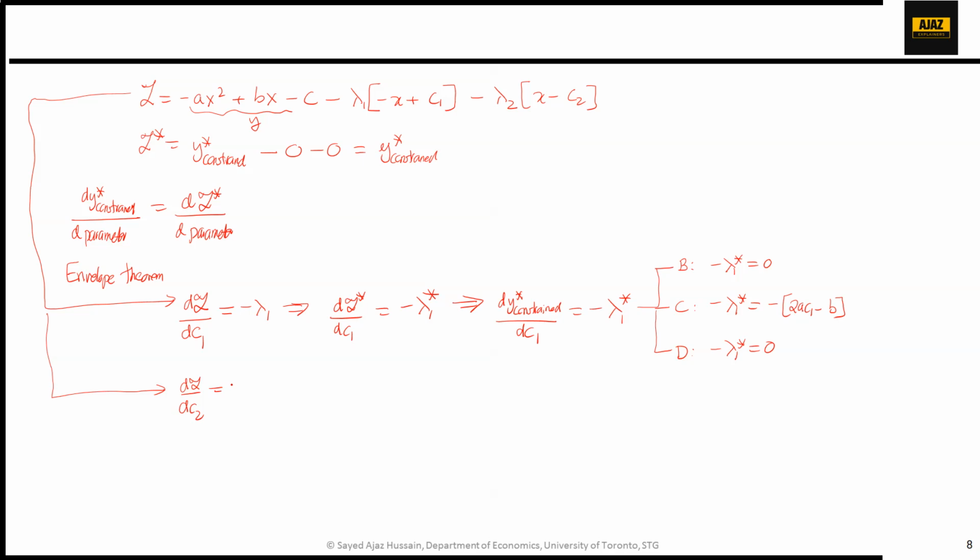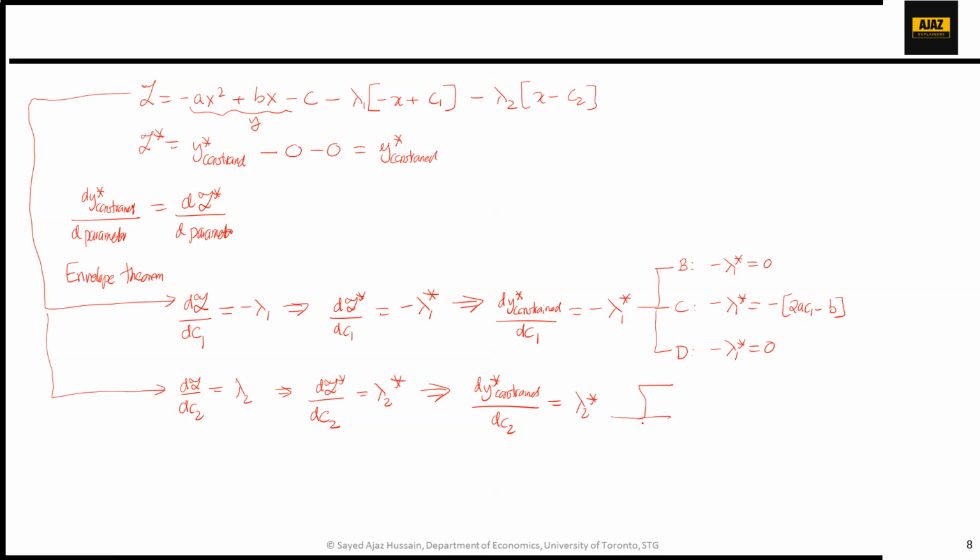Differentiate the original equation with respect to c2, and the answer is lambda 2. Therefore, the change in L star over the change in c2 is lambda 2 star, which means the change in y star constrained over the change in c2 is going to be equal to lambda 2 star.